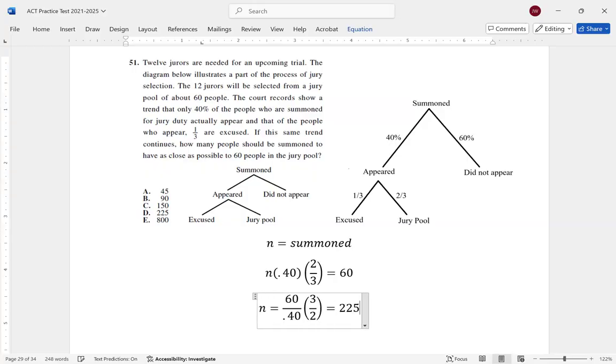That would give me 225. So that's how I get my people summoned. That means I need to summon about 225 people if I want 60 people to be in the jury pool. And therefore, the answer to question 51 is D, 225.